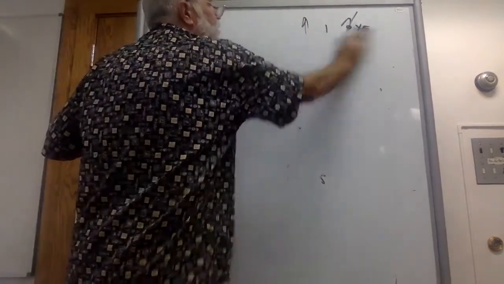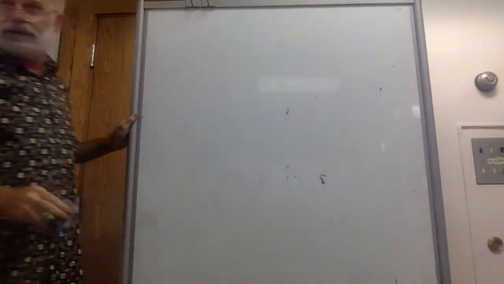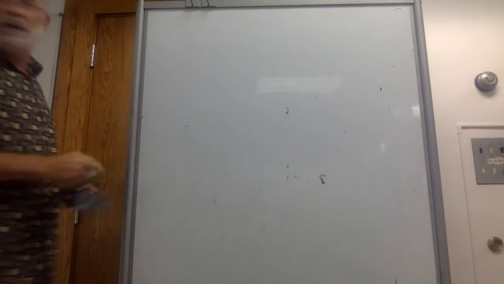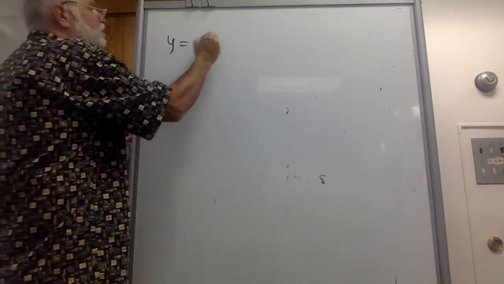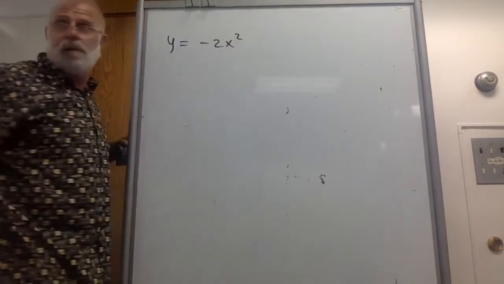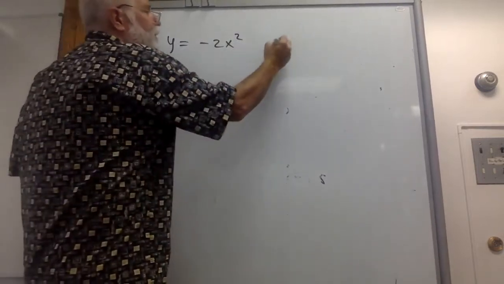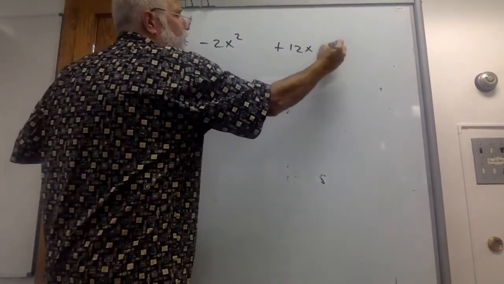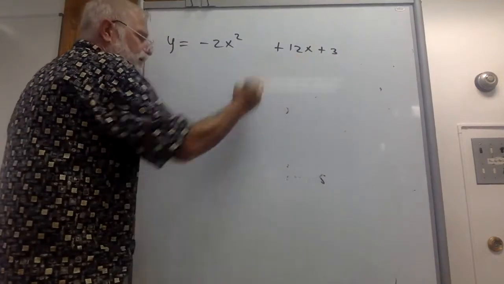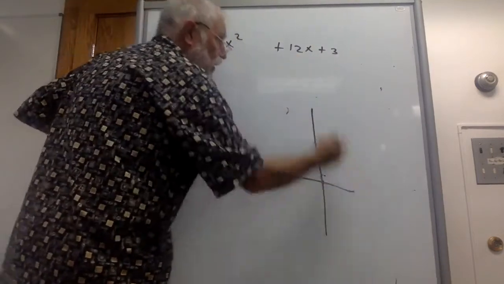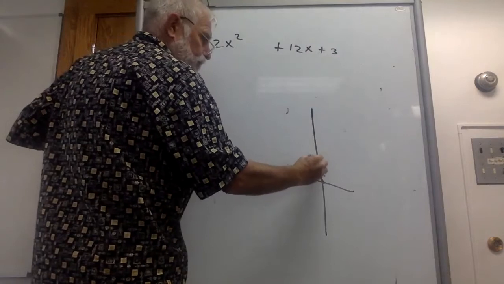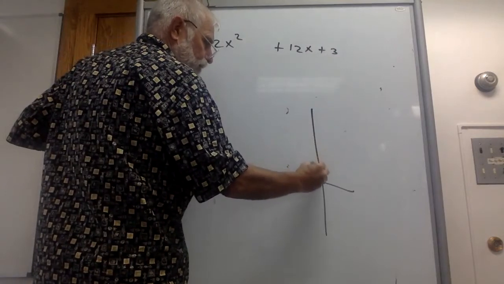All right, so we're getting there. And I'll upload this, send it on your way. So we're going to graph y equals -2x squared plus 12x plus 3. I'm going to put the plus 12x plus 3 a little bit further to the right because I actually know that that slope intercept is a part of the graph right there.